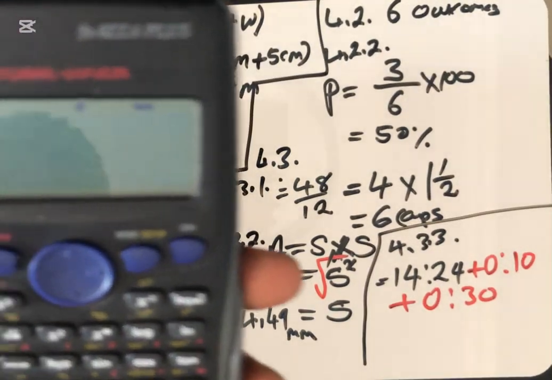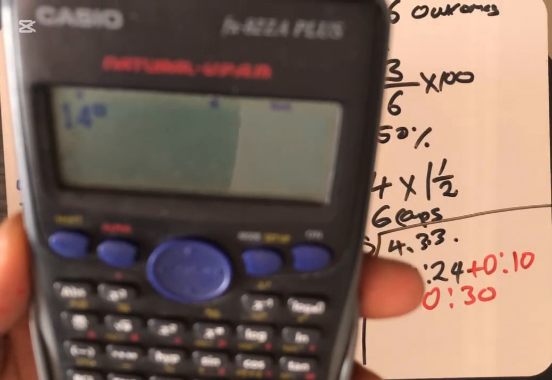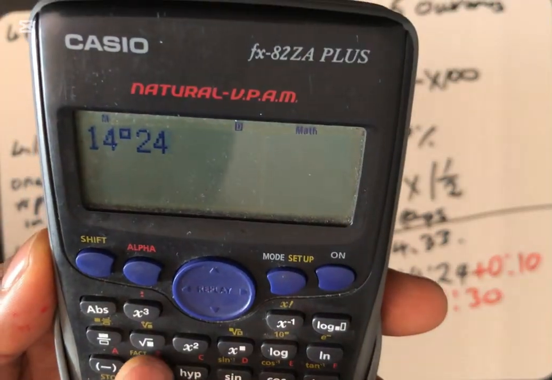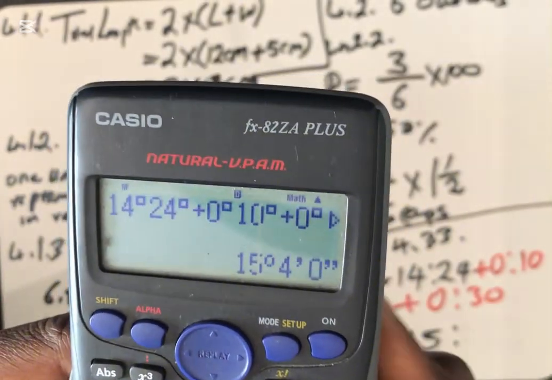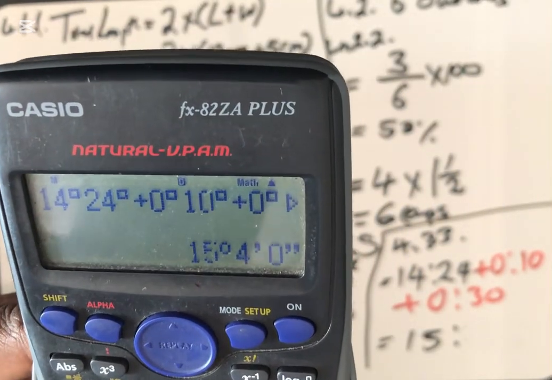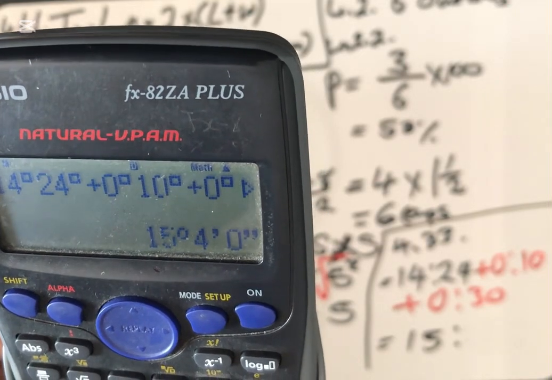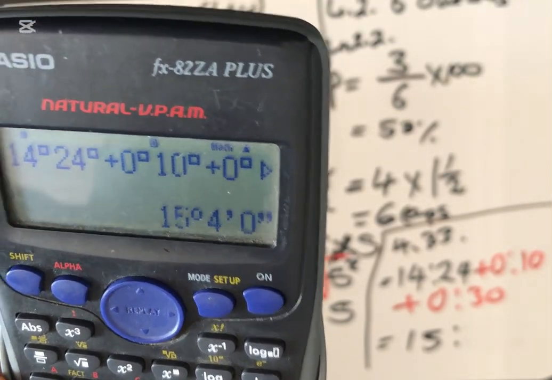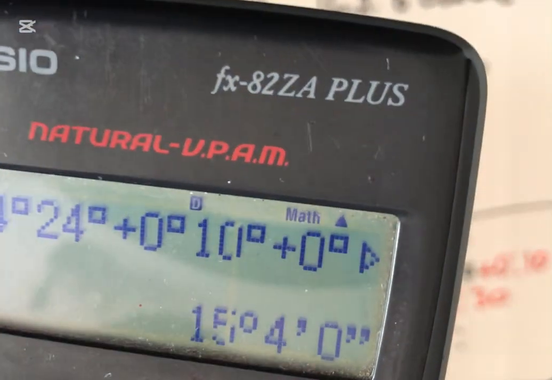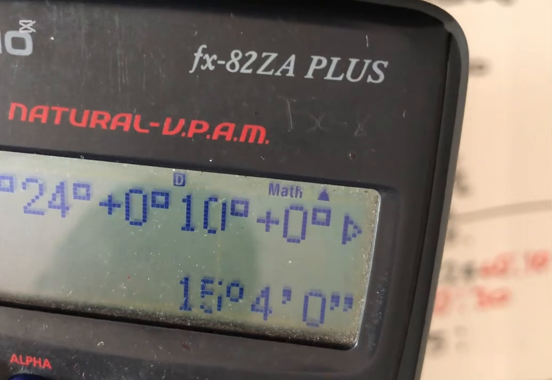I hope you can see what's happening here on the calculator. 14 hours, 24 minutes. When we check here, it leads us to 15 hours, 4 minutes, and 0 seconds. Our final answer, 15 hours, 4 minutes, and 0 seconds.